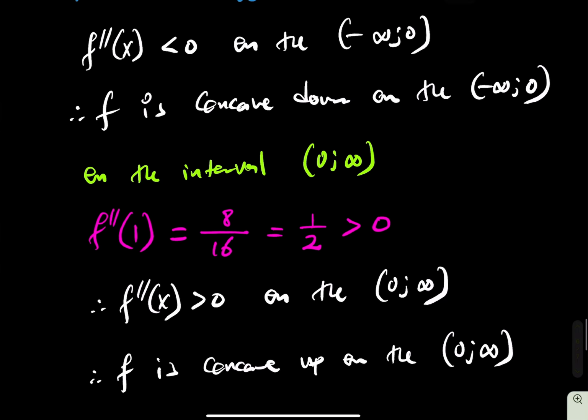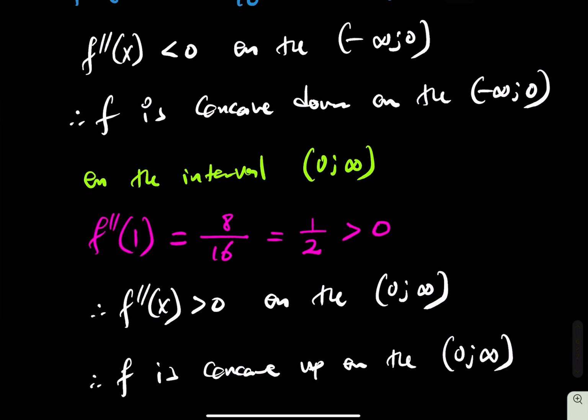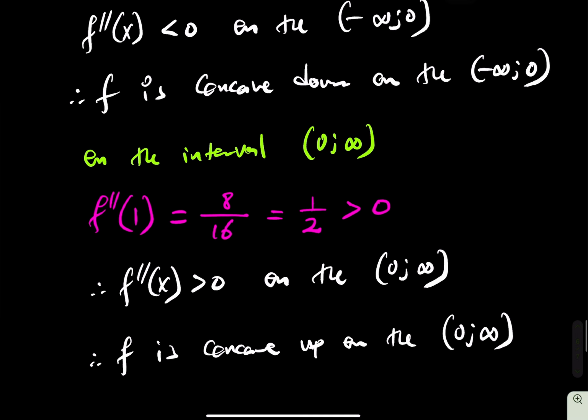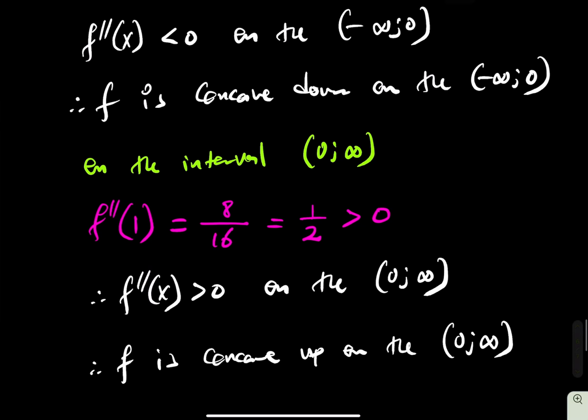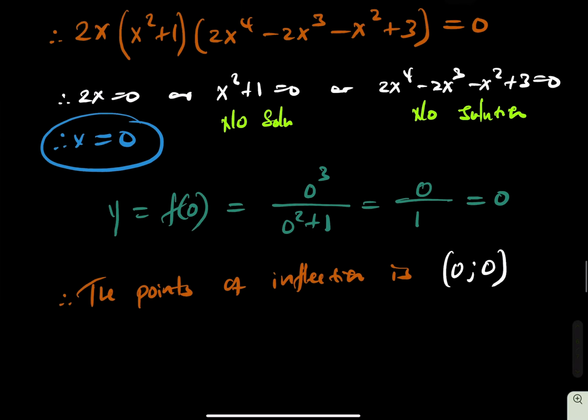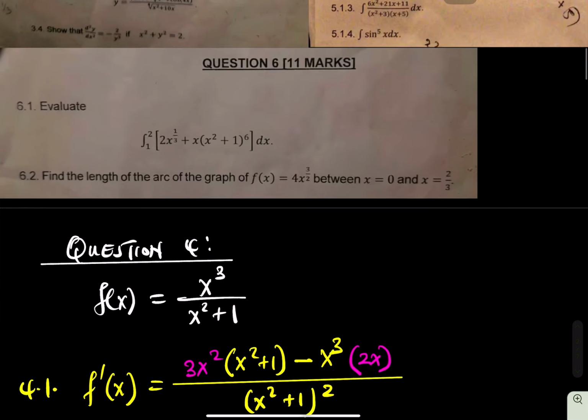This is where this function is concave up. That should really be very easy, and that should suffice for the question. They said determine what? The intervals of concavity. So you really found them.